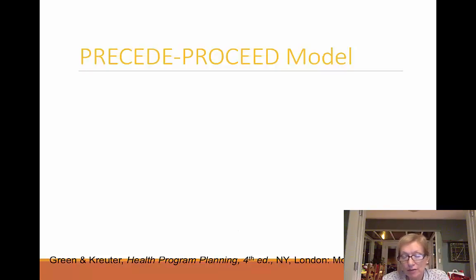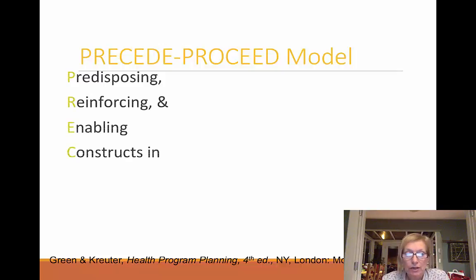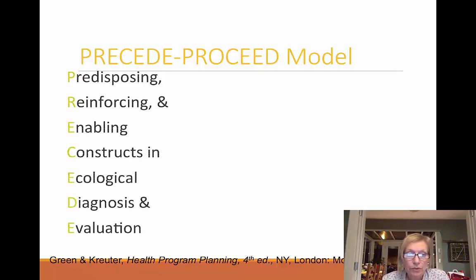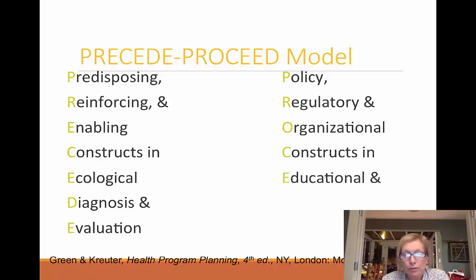There have been various versions of it over the years, but PRECEDE stands for predisposing, reinforcing, enabling constructs in ecological diagnosis and evaluation, and PROCEED stands for policy, regulatory, and organizational constructs in educational and environmental development.